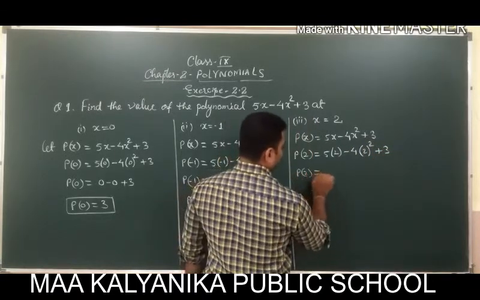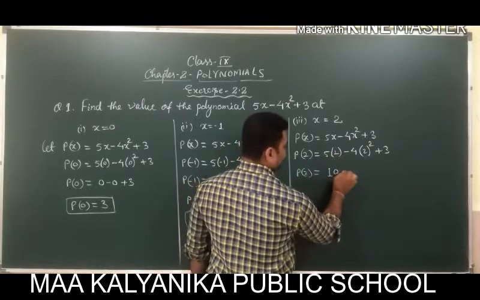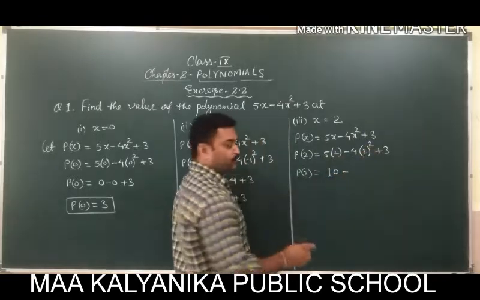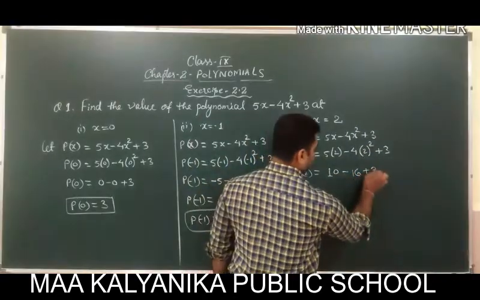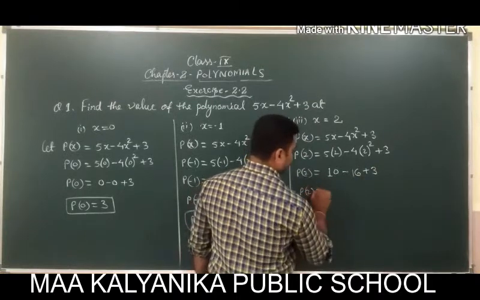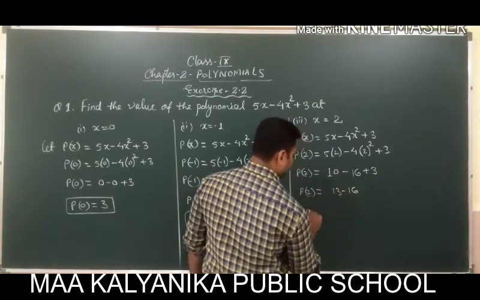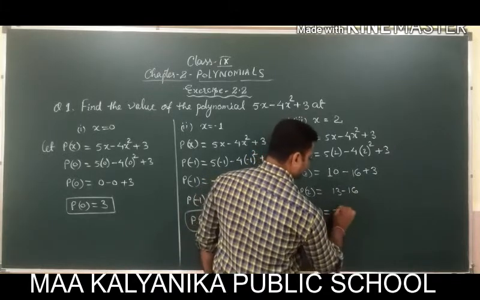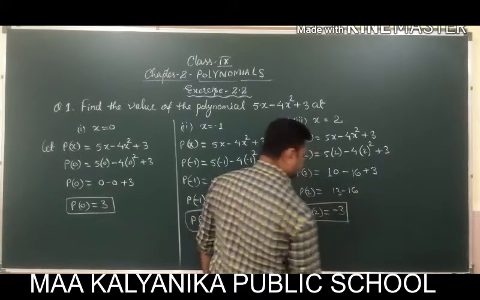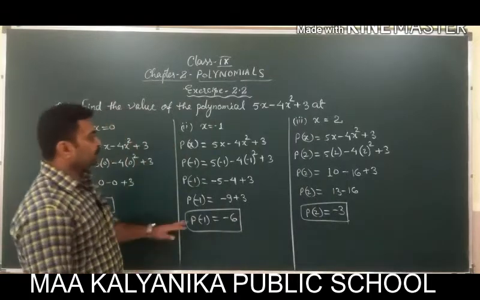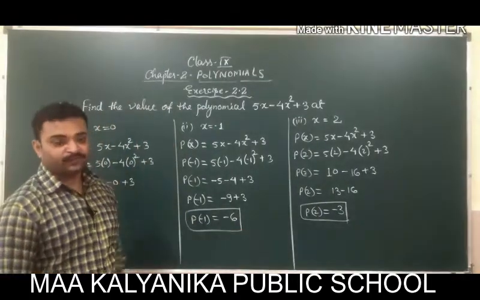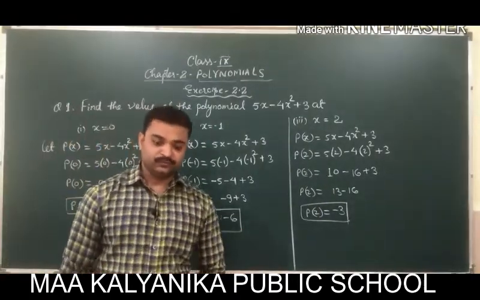Again p(2) is equal to 5 into 2, that is 10, minus 2 2s are 4, 4 into 4, 16, plus 3. So p(2) is equal to 10 plus 3, that is 13 minus 16. So our p(2) is equal to minus 3. It is the answer. So here we end our question number 1. Now we proceed to question number 2.